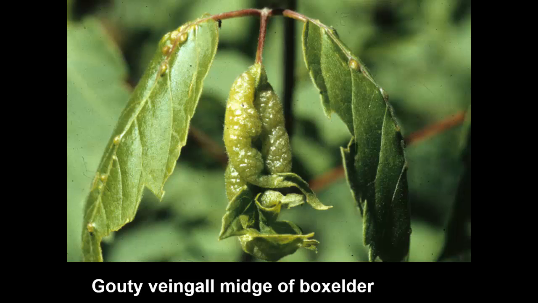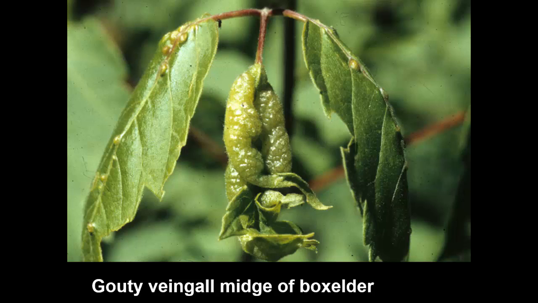Another case where we see a kind of thickening and swelling and curling in a more gross form would be a gouty vein gall midge gall on a box elder leaf. So instead of a single leaflet of a box elder, we see a whole leaflet of a box elder turned into this gall.